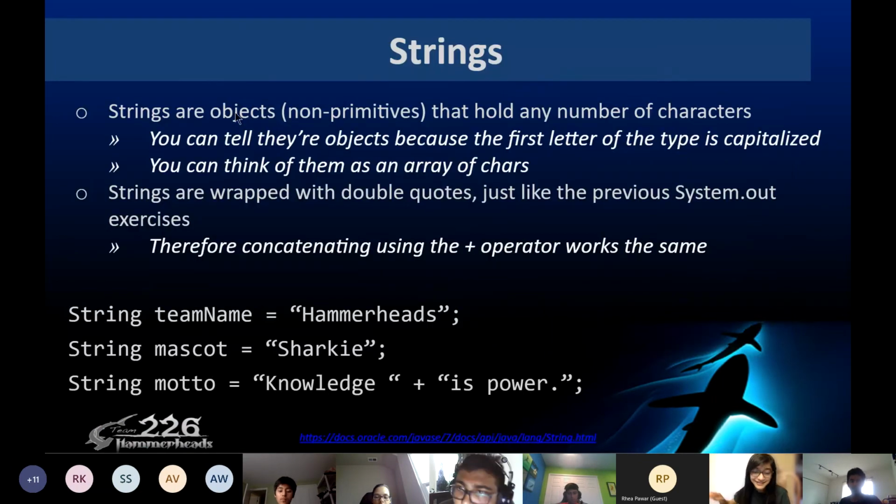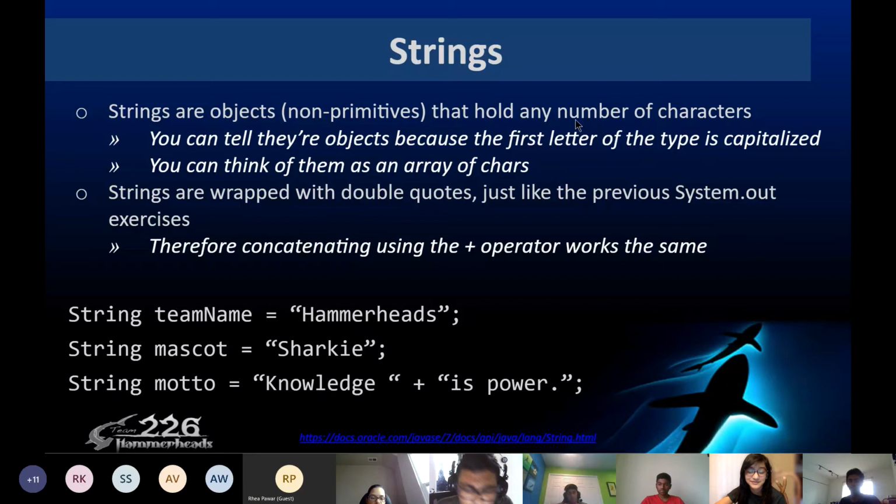All right, so next we'll talk about strings. Strings are non-primitive objects that hold any number of characters. You can tell that they're objects because the first letter of the type is capitalized. For example, int, double, and long all have lowercase first letters, but String has a capital first letter, so it's not a primitive, it's an object.